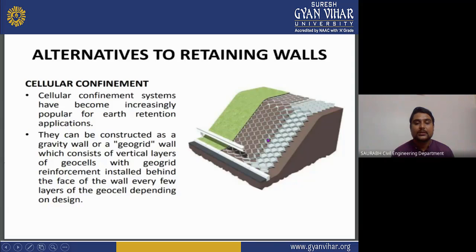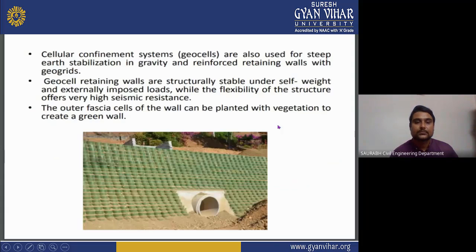Here, reinforcements are installed behind the face of the wall, with very few layers of geocells depending on the design. As you can see here, this is the image of the alternative, known as the cellular confinement retaining wall. It is also used for steep earth stabilization in gravity and reinforced retaining walls with geogrids. Geocell retaining walls are structurally stable under their own load.